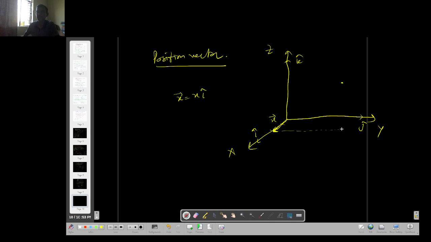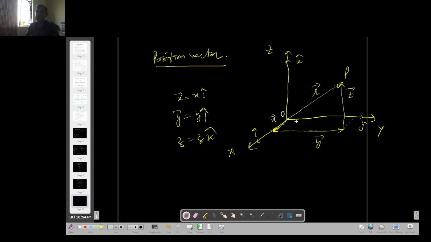Then I move along the y-axis; this vector is the y vector, y j cap, and then along the z-axis it is the z vector, z k cap. Now if the origin is connected to this point P, then this is known as the position vector, R vector.